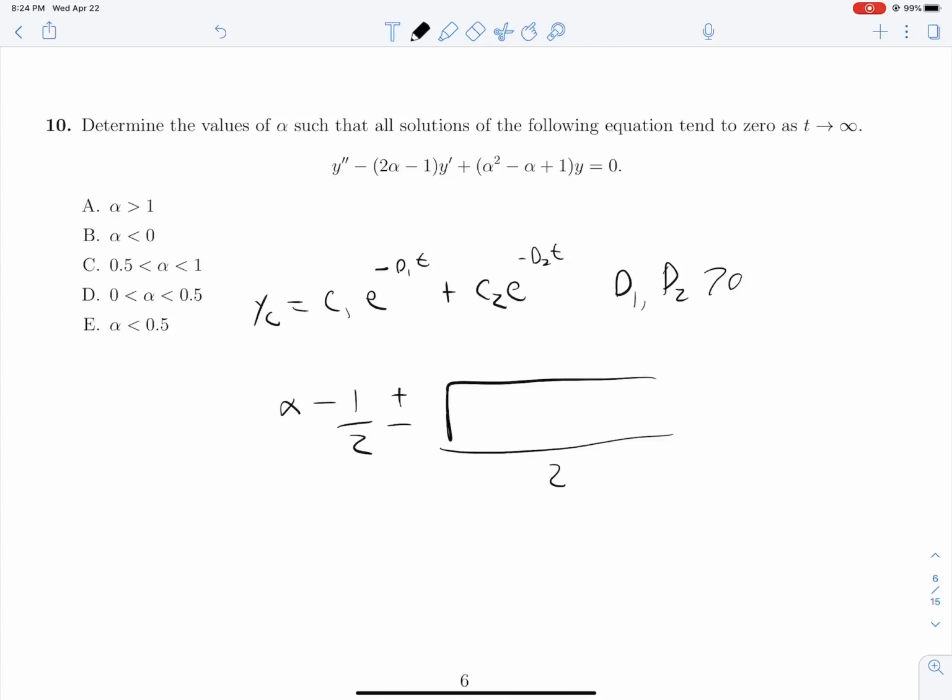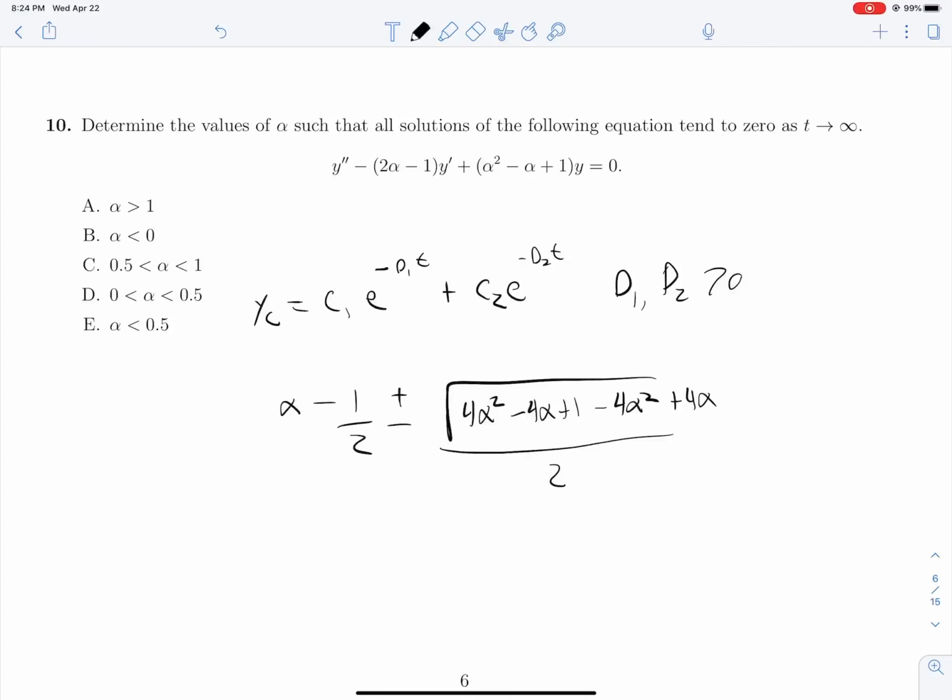Okay, so we will have in here b squared, so that would be 4 alpha squared minus 4 alpha plus 1, and then minus 4ac, so minus 4 alpha squared plus 4 alpha plus 4, yeah, minus 4 times a times c.